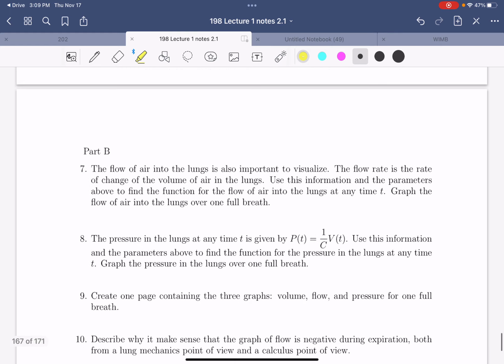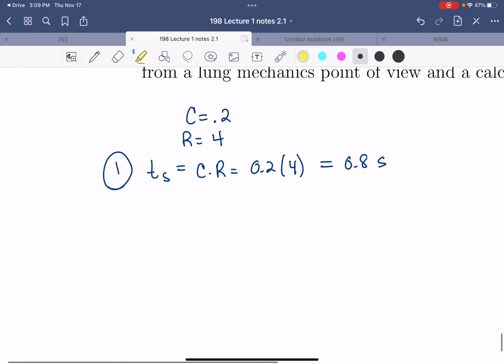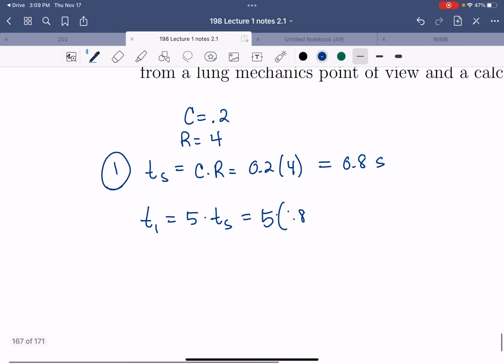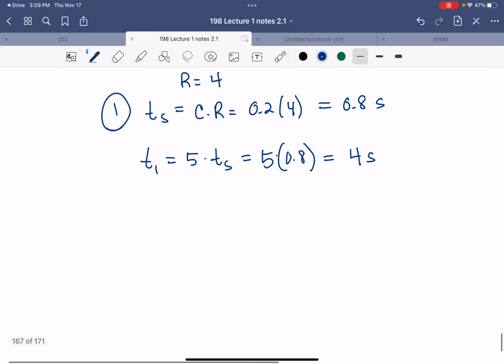So I'm going to take my TS and multiply it by 5. 0.8 times 5 gives me 4 seconds to inhale. Not bad. If you think about breathing in for 4 seconds, that's reasonable for a TI. Okay, TI.